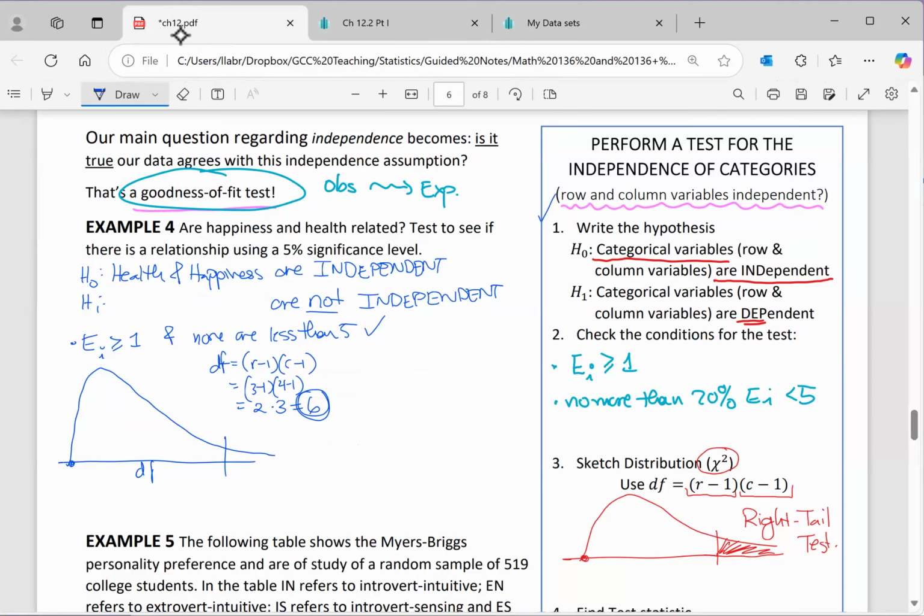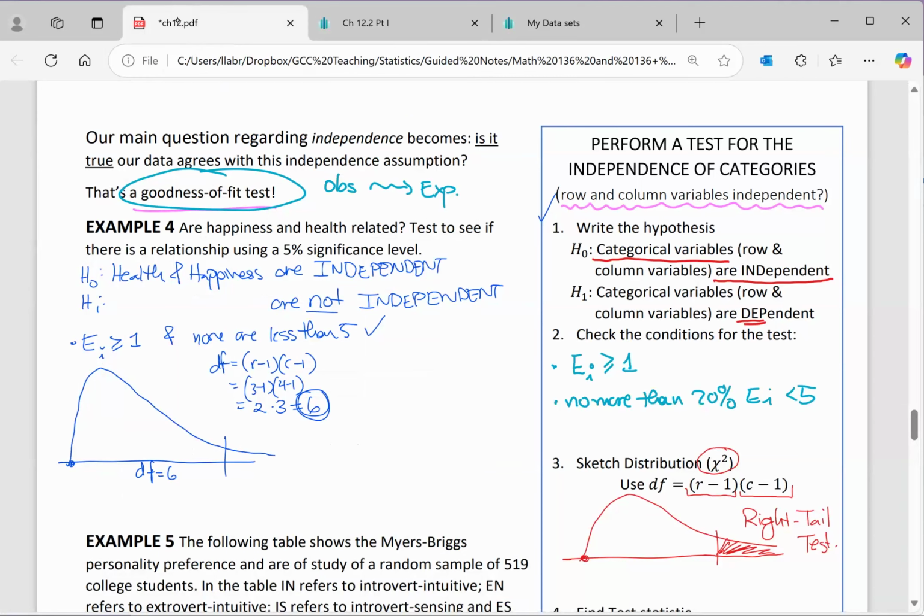All right, so anyway, we got the degrees of freedom. Degrees of freedom is 6. And now we can go ahead and find our critical value. So alpha is 0.05. Go ahead and find your critical value and your chi-square stat.